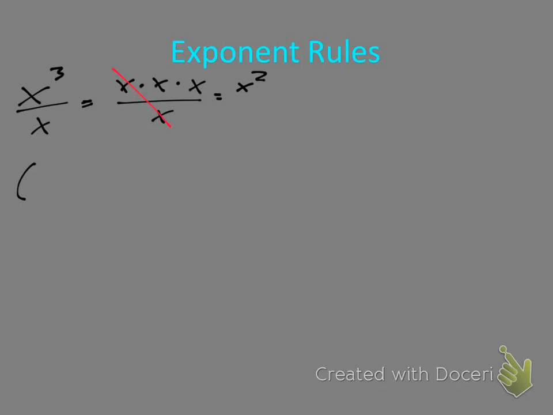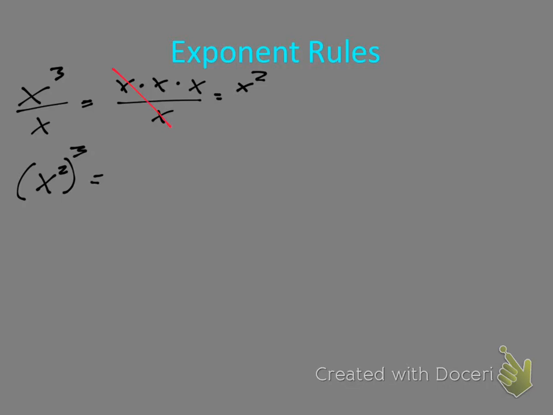Here's one that everybody always gets messy with. What's that? x to the 6. Now I know how, but here's why. When you do, let's say, 2 cubed, you're doing 2 times 2 times 2, right?